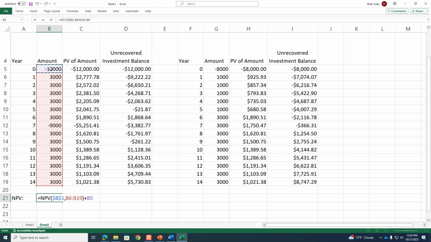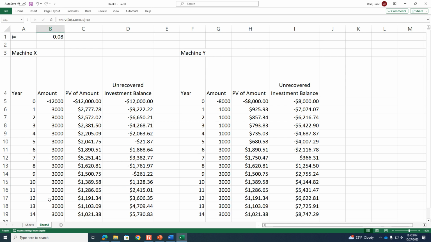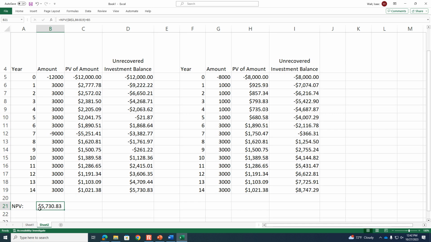So this is just going to give us the same answer as the unrecovered investment balance at the end of the 14th year. So it says 5731, which is the same as the unrecovered investment balance at the end of the sequence. So machine X has that amount of profitability.